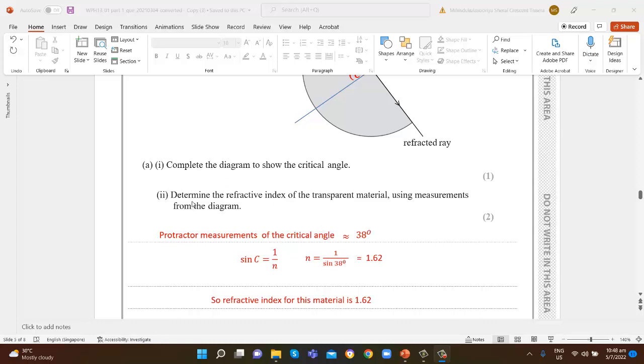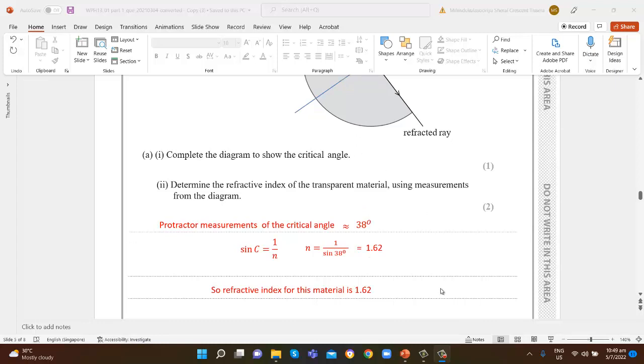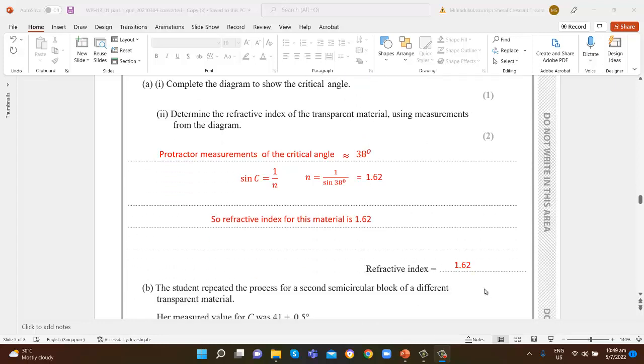They are asking to determine the refractive index of the transparent material using measurements from the diagram. So you know the critical angle is 38. So sin C equals 1 over n, which is going to be 1 over sin 38, 1 over 1.62. When you calculate from the calculator, you get the refractive index for the material as 1.62. So you write that.